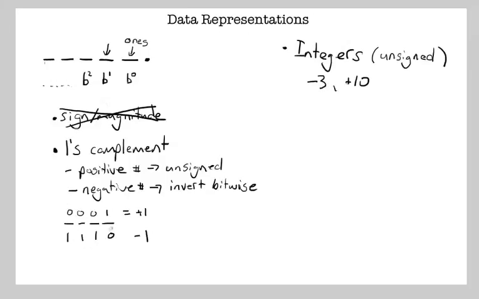If this were an unsigned number, this would be a 0 in the 1's place, a 1 in the 2's place, a 1 in the 4's place, and a 1 in the 8's place. So this would be 14 in unsigned, or it would be -1 as a signed number.